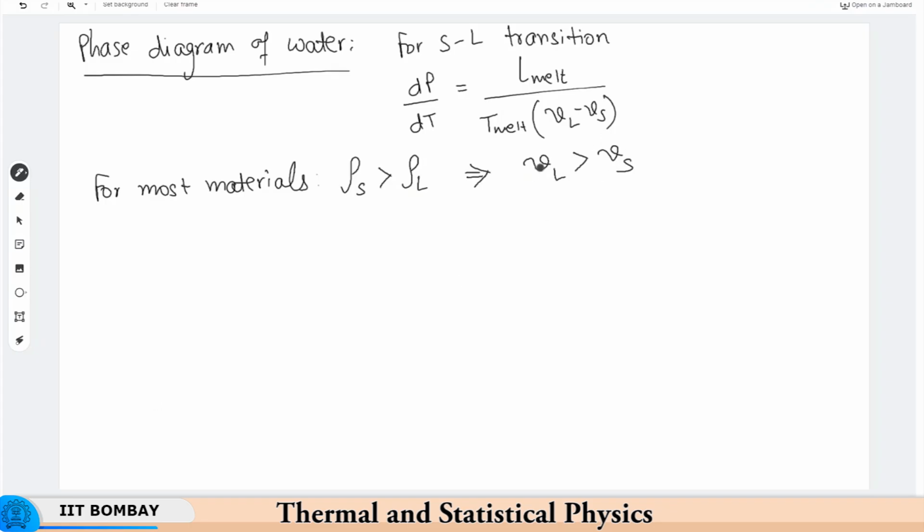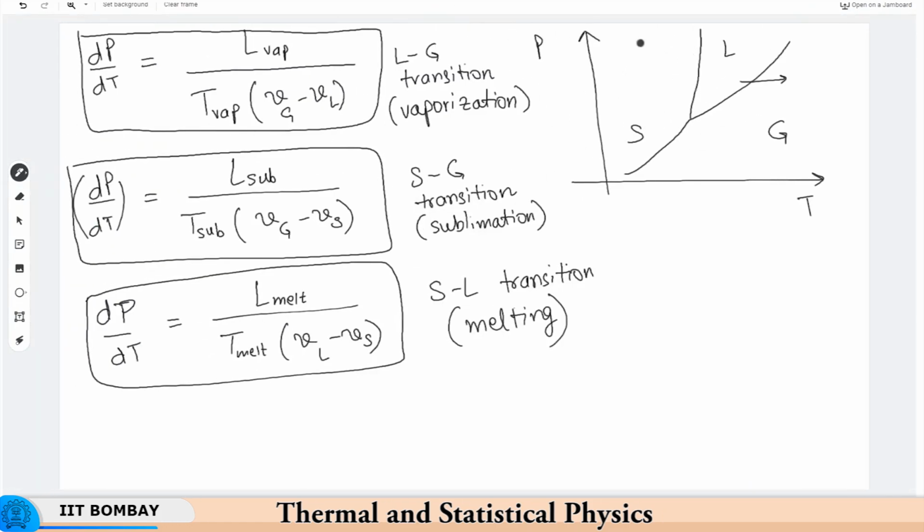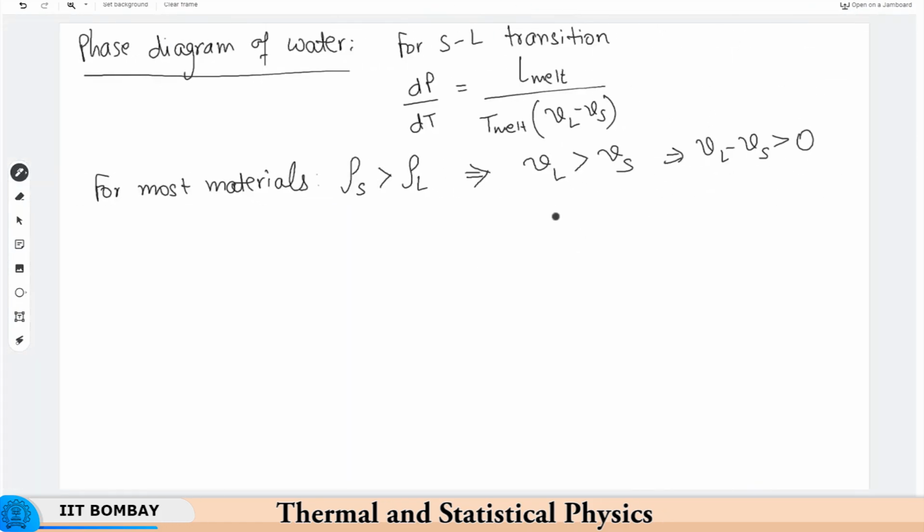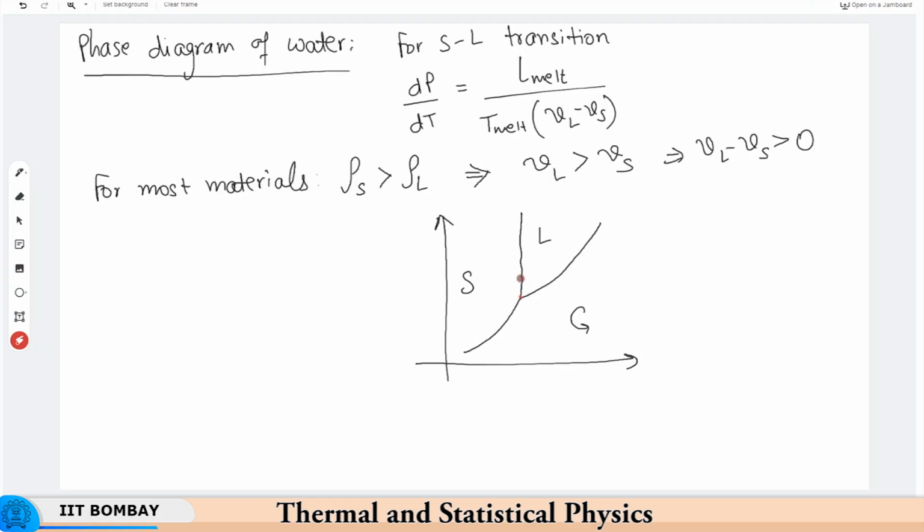This implies V_L minus V_S is positive. If you plug a positive quantity into dP/dT, by virtue of that you always get a phase boundary between solid and liquid which has a positive slope.